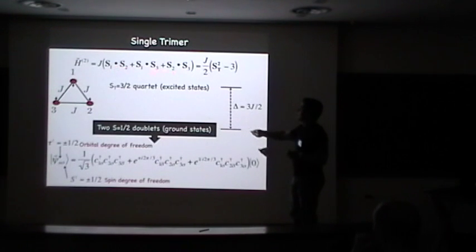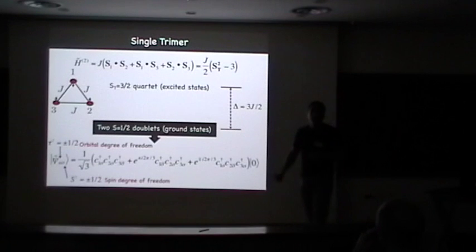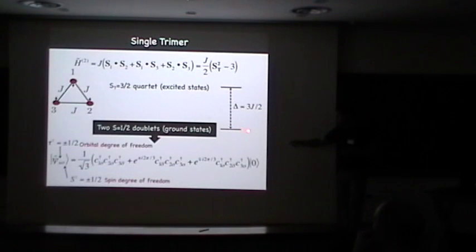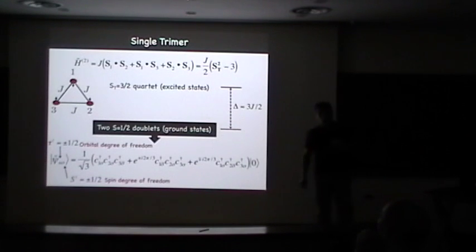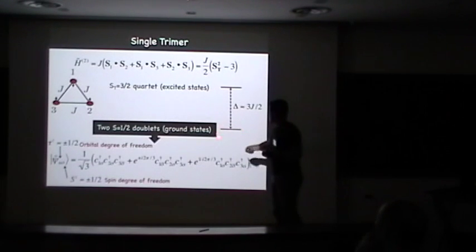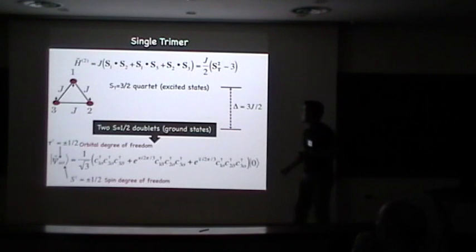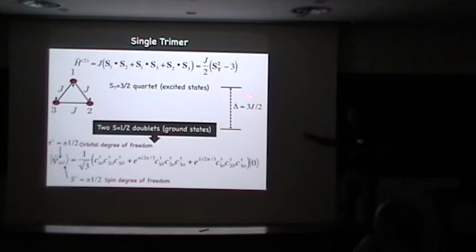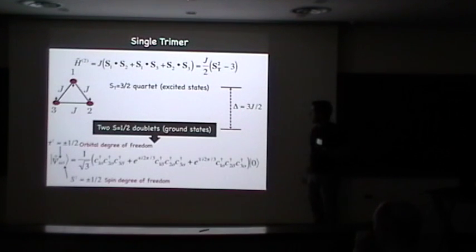Since in a single triangle you have interaction of everyone against everyone, this can be written as a total spin square, meaning that with three spins, total spin can be 3/2 or 1/2. There are two doublets, which are the ground states according to this expression. And then there is a spin 3/2 quartet that will be the excited state. And the gap between these two manifolds is 3J over 2, right?